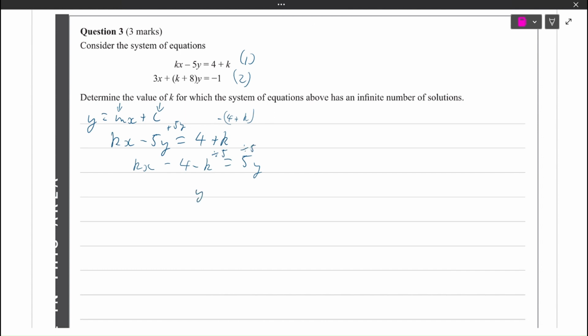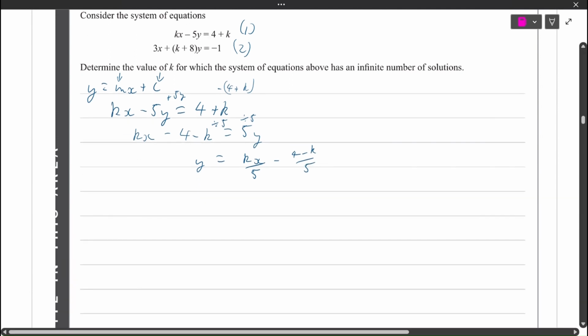So y equals kx on 5 minus 4 minus k on 5. Therefore our m is k on 5.